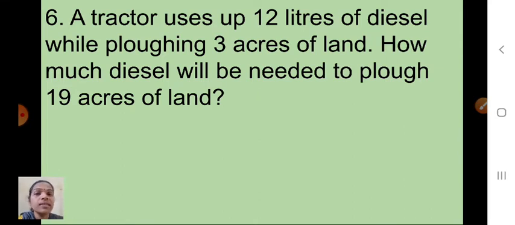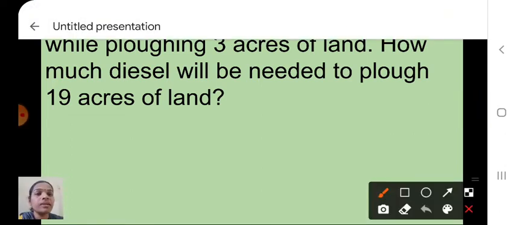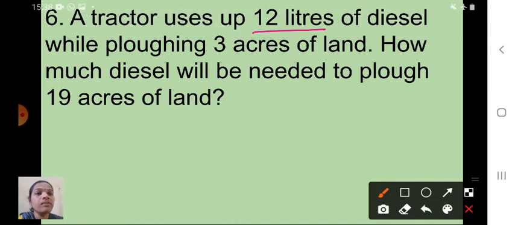Understood, children? See here, the 6th one: a tractor uses up 12 liters of diesel while ploughing 3 acres of land.